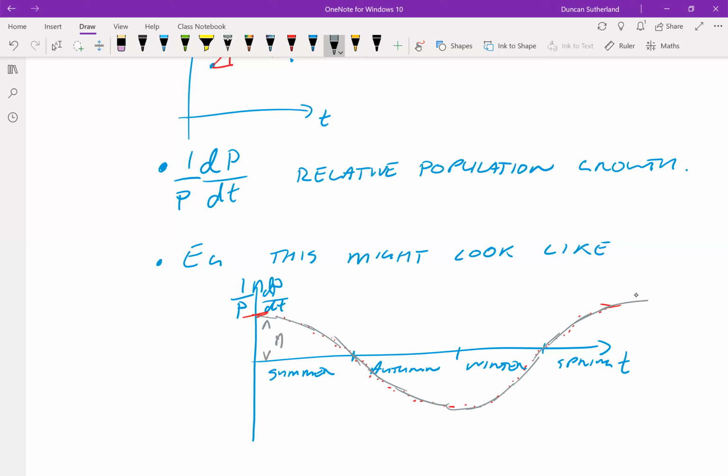You need A, and you need some sort of time shift or phase that we'll call phi. Right, and then you might fit, say, just a cosine function of time.